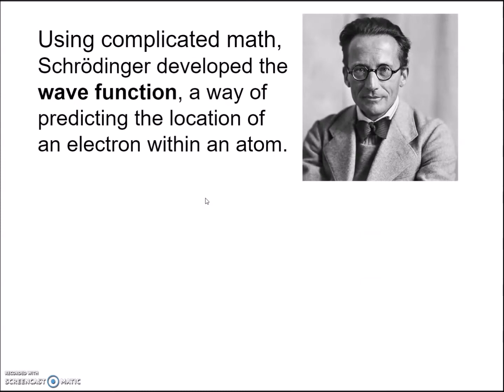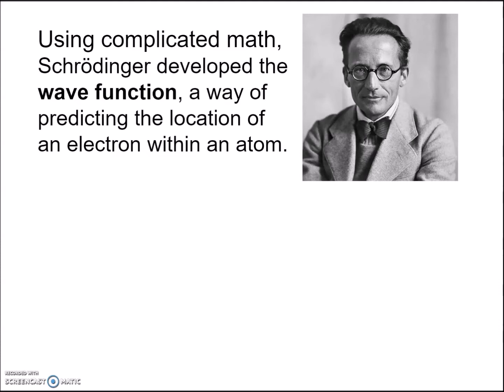In chemistry, everything matters. Here is the scientist who first proposed the wave mechanical model. His name is Erwin Schrödinger, and the gist of his work is that he found a way of predicting where an electron would be in an atom. We knew that electrons are somewhere outside the nucleus, and Bohr said, hey, they orbit the nucleus just like planets orbit the sun.